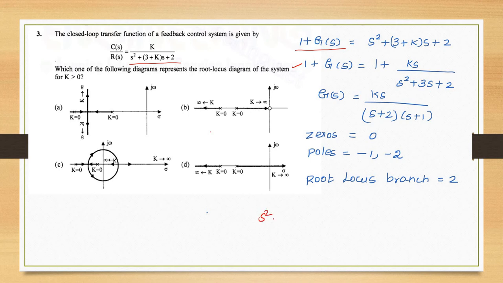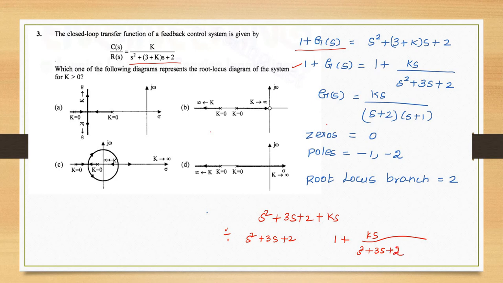I have s² + 3s + 2 + Ks, and dividing by s² + 3s + 2, I get the equation 1 + Ks/(s² + 3s + 2).